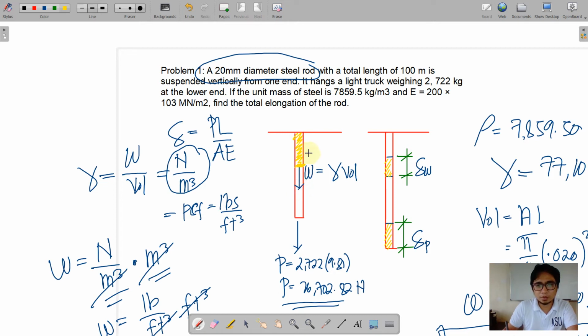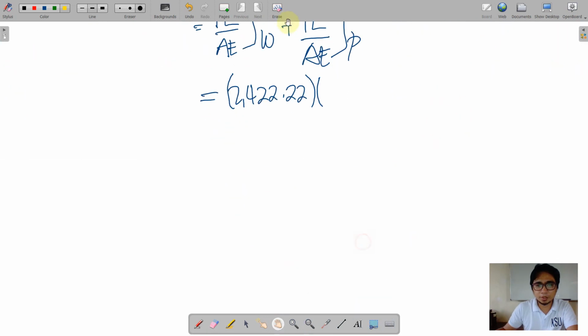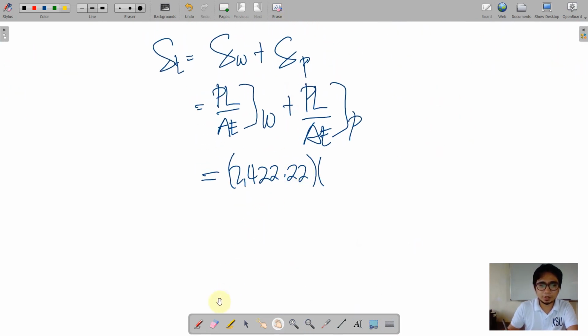Okay, that is why the consideration in the length is that half of the length will just be considered. Okay, so that is equivalent to 50. This is 50 meters, so we need to multiply that by 1000 to come up with a millimeter unit.